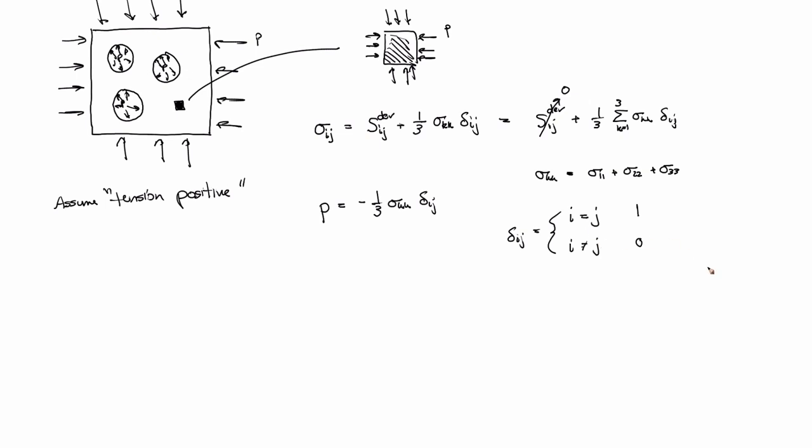So it's sort of like the identity matrix. If you think of these tensors as 3x3 matrices, this just implies ones along the diagonal. Okay, so we have the pressure is this, and therefore if we plug this back in here where this is 0, then we have that sigma ij is equal to minus P delta ij.